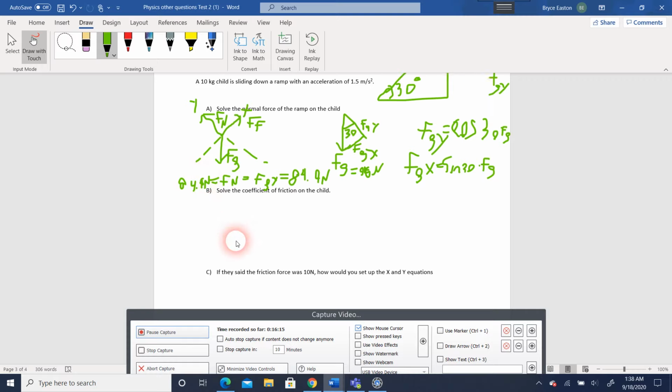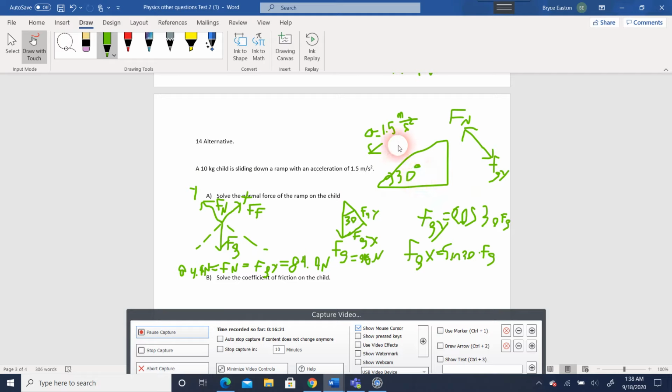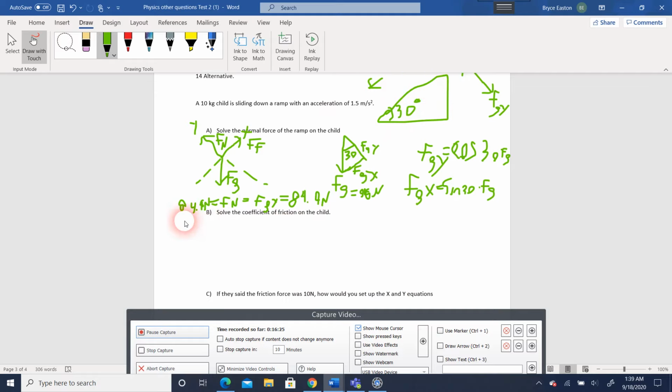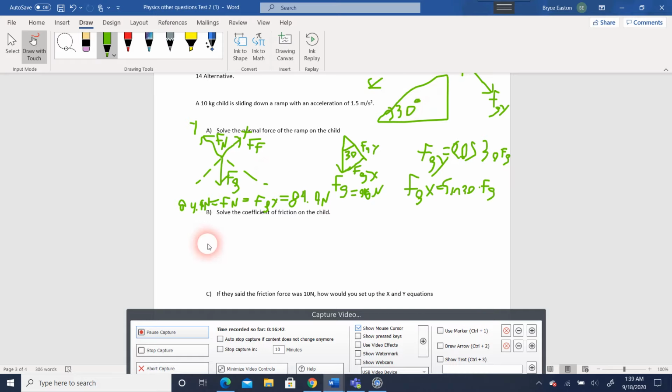And now we want to go on to part B. So we want to solve the coefficient of friction. The first thing we're going to want to do is calculate the force of friction. In order to do that, we're going to want to figure out the total force going down the ramp, because unlike in the y direction, the x direction does have an acceleration. So we're going to turn back to this equation.